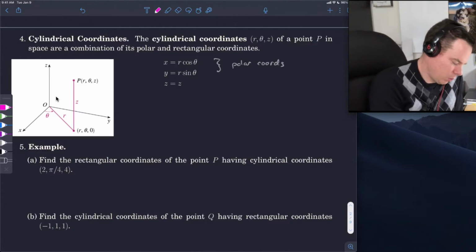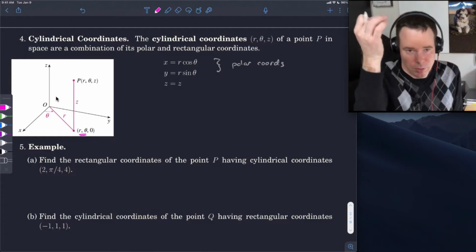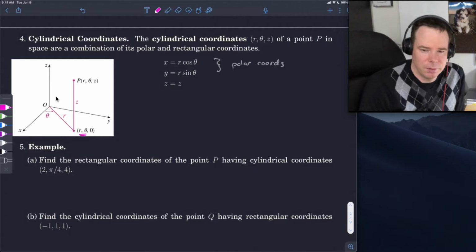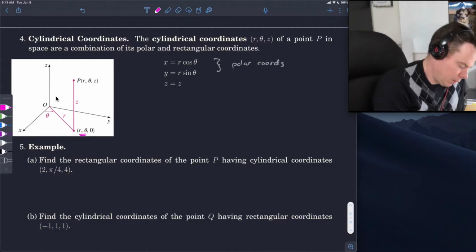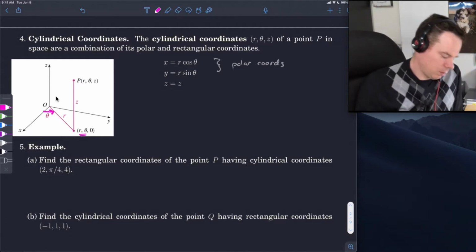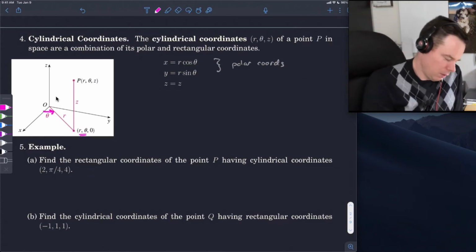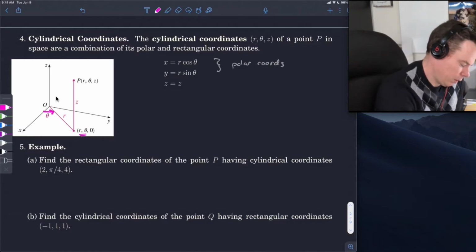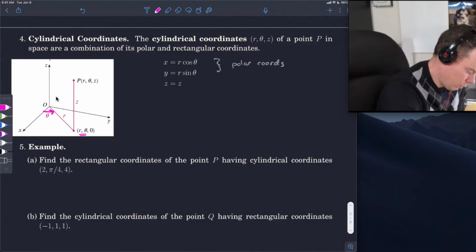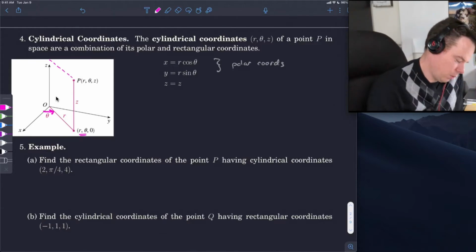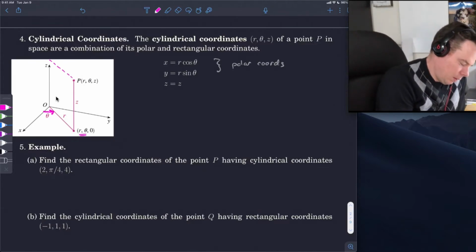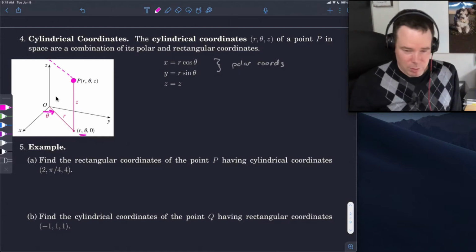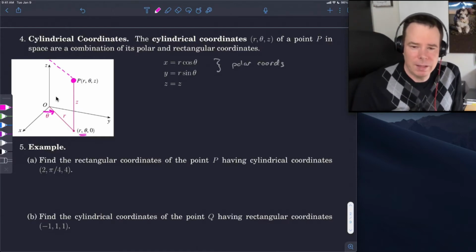In terms of a picture, it's essentially saying that for the x and y coordinates, we're going to use the polar coordinates. So down in the plane, if we look at a point in three-dimensional space, the projection down onto the xy plane, we're going to use polar coordinates to represent that. So it's given by the angle theta made with the positive x-axis. r is the distance to the pole or the origin. And then with the point in general, when you've got its z value also in the mix, that's raising it up to, or dropping it below the coordinate plane to whatever the value of z is.